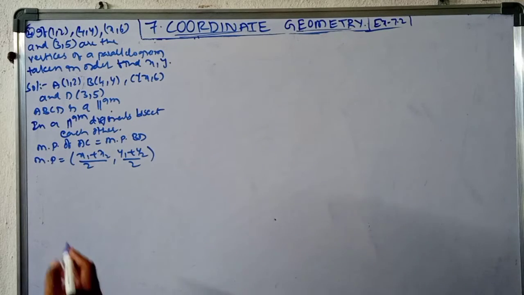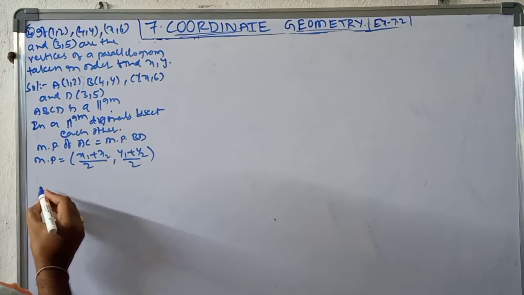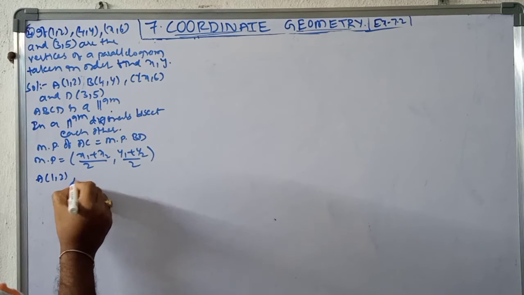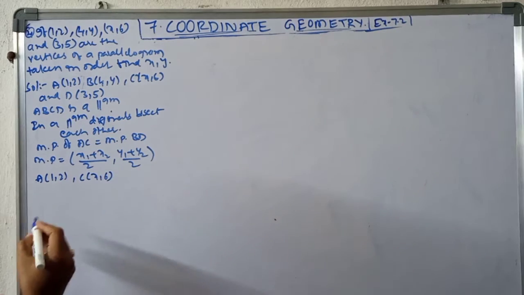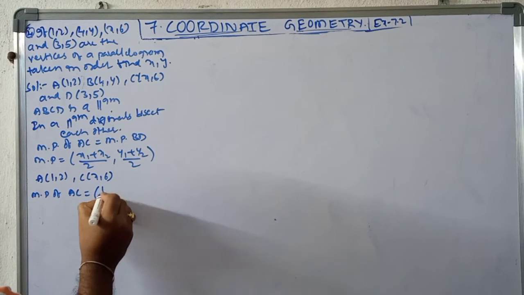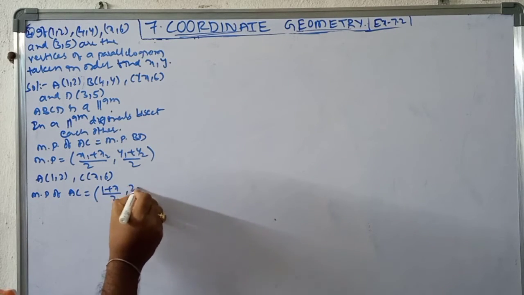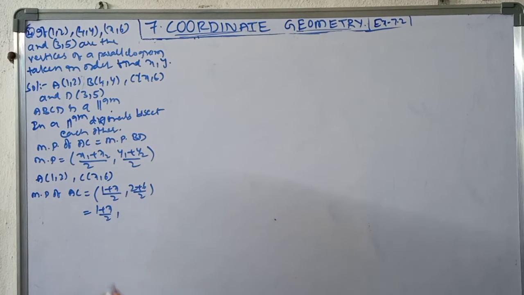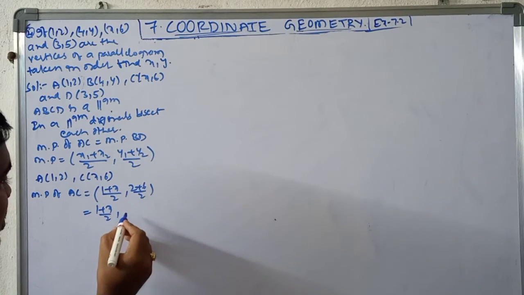If we apply the midpoint formula, AC: A 1 comma 2, C x comma 6. Midpoint of AC equal to 1 plus x by 2, 2 plus 6 by 2. So 1 plus x by 2 comma 2 plus 6, 8 by 2.